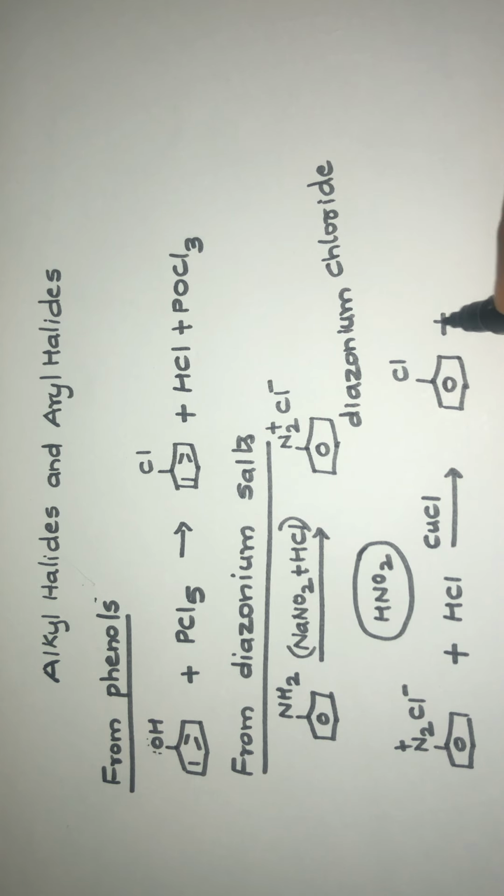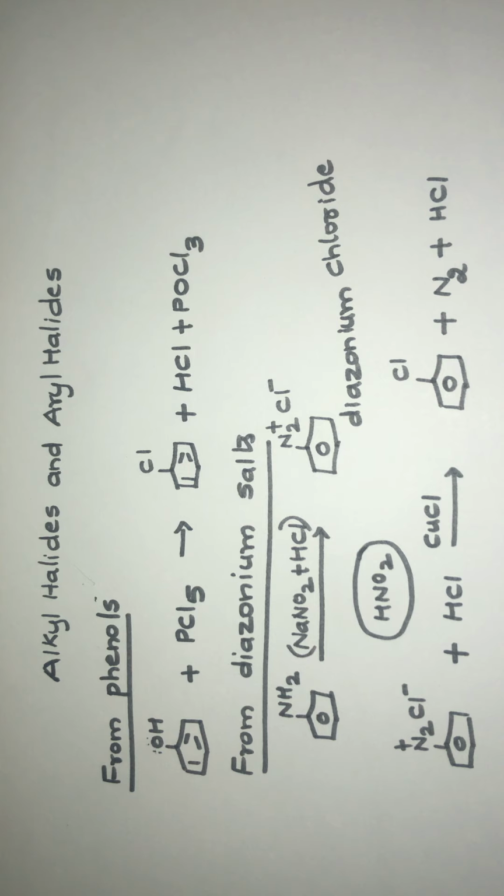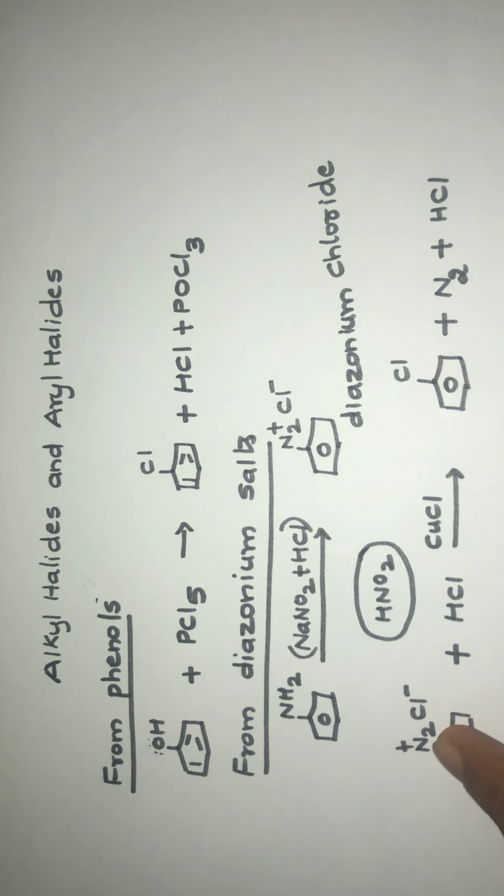You get chlorobenzene, and N2 goes off. If you want to substitute the diazo group by chlorine, you need to use HCl. A simple nucleophilic substitution takes place.